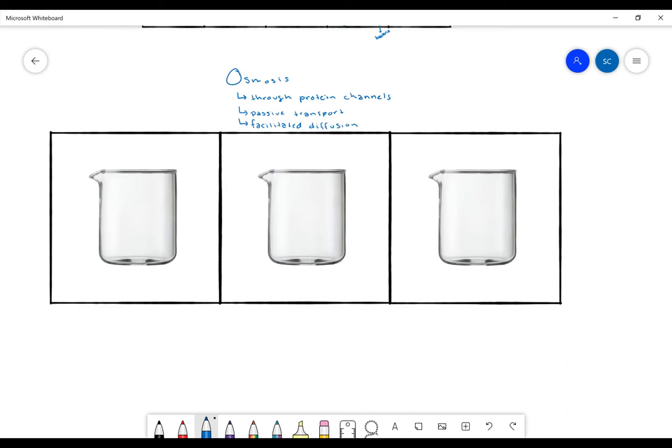Okay, and when we're talking about osmosis, we're specifically talking about the transport of water. So when we are looking at osmosis, the only type of molecule we're looking at is the transport of water. Nothing else moves via osmosis.